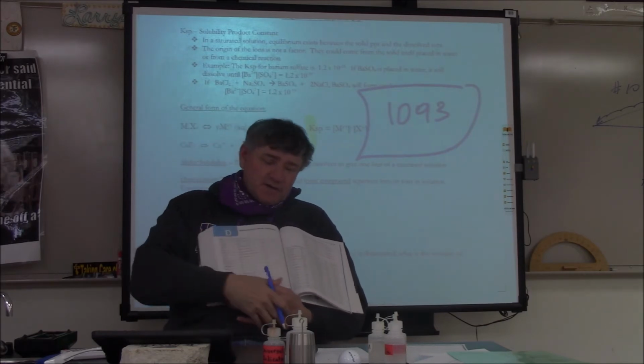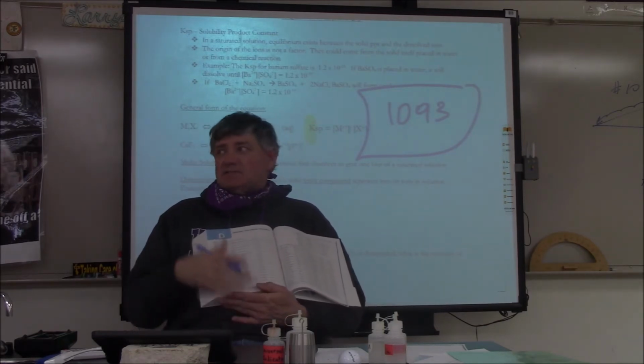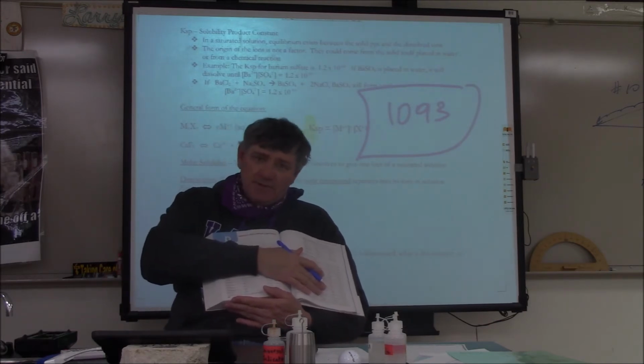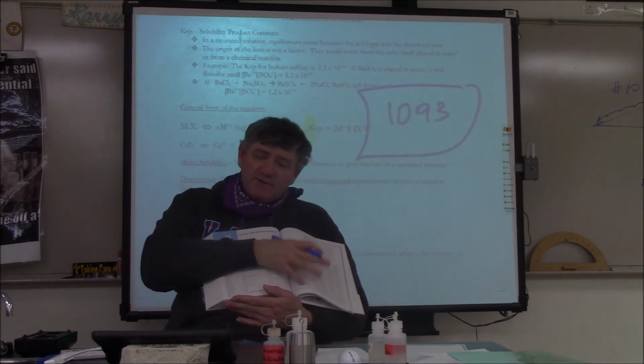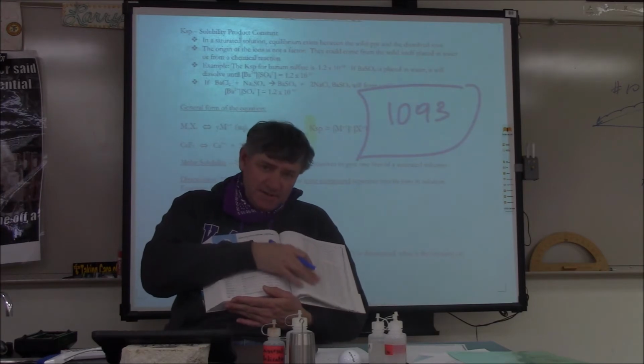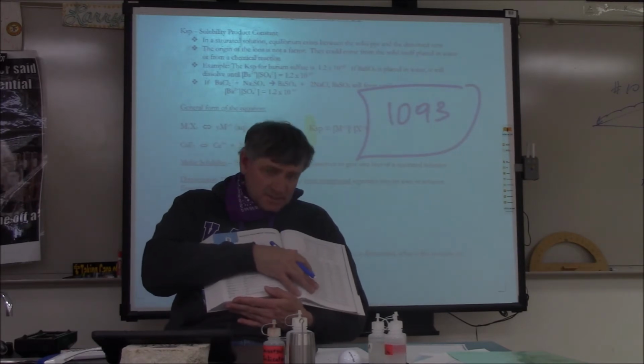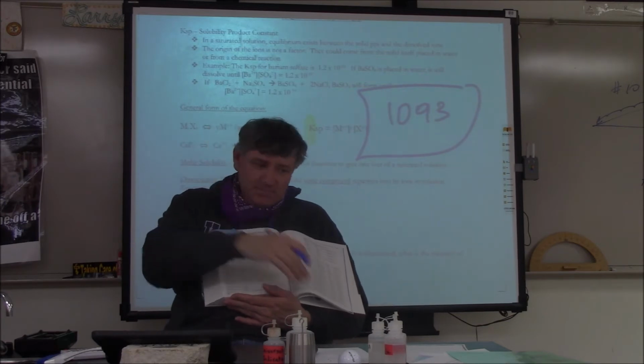You never found Ka values for strong acids because they didn't exist, because they were too big. Same thing is going to happen here. You are only going to find things listed here that are considered to be insoluble. So that's going to be the difference.